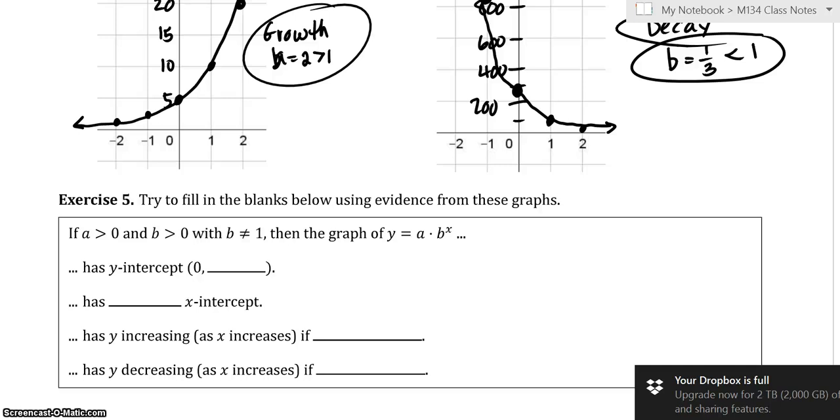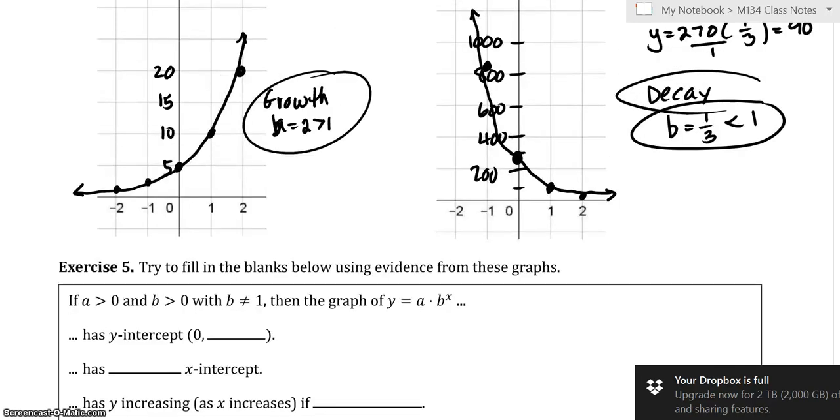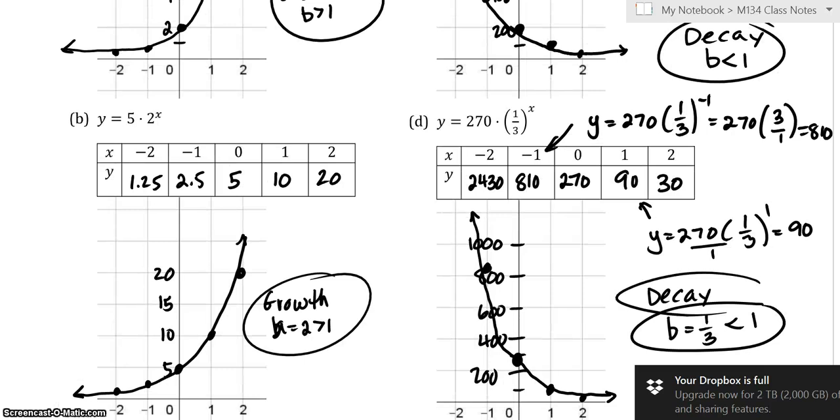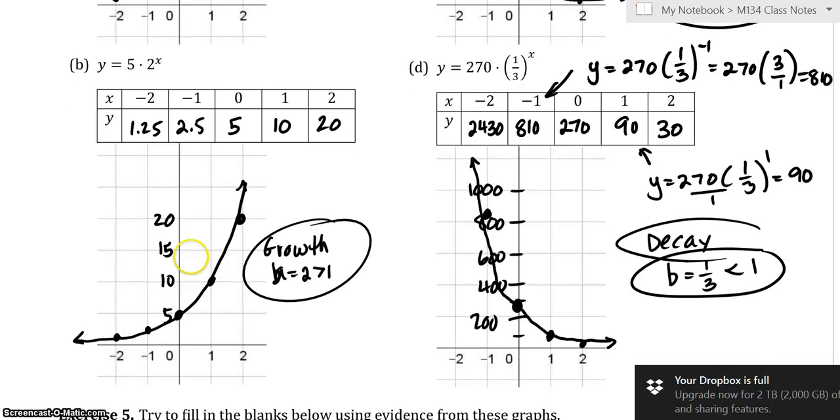So in general, if a and b are both bigger than 0 and b is not 1, then the graph of a times b to the x has a y-intercept. Oh, the y-intercept. So let's look at these two. The y-intercept was 5. That's this number.